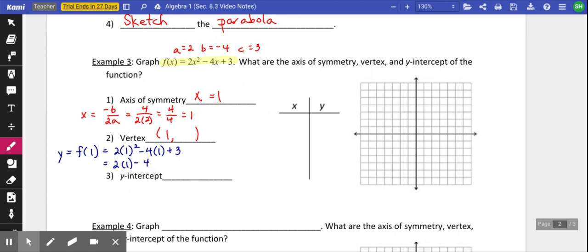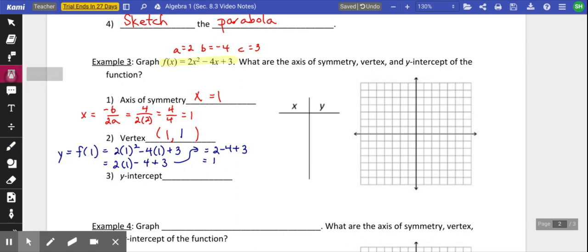Negative 4 times 1 is negative 4. So we have 2 minus 4 plus 3, which gives us negative 2 plus 3, which is a value of 1. We just found the y of the vertex.